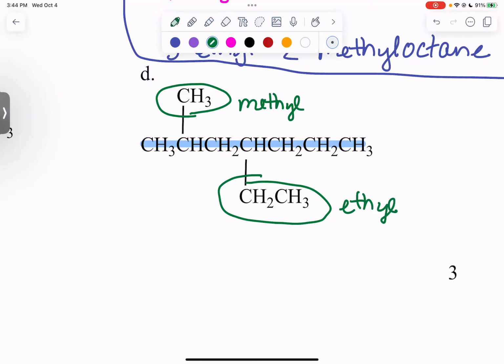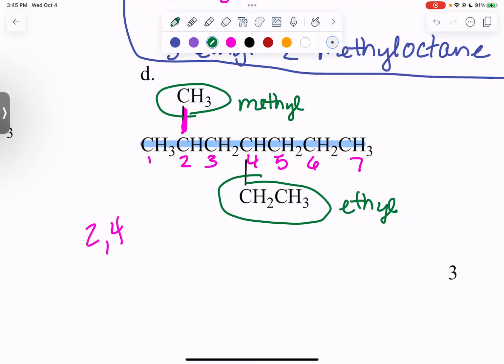Okay, now what carbon number are these at? And I can kind of look and I can say, you know, my methyl group's really close to this end of the molecule. So that numbering system's probably going to be the right one. 1, 2, 3, 4, 5, 6, 7. So it gives me something at 2 and 4.